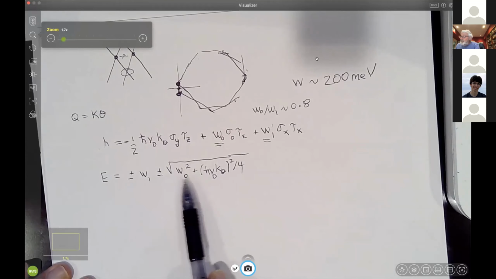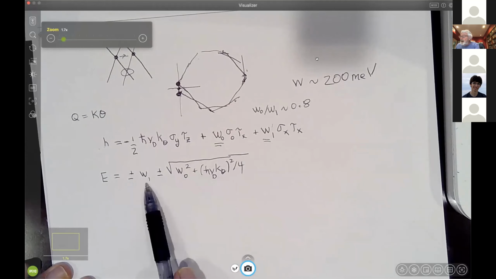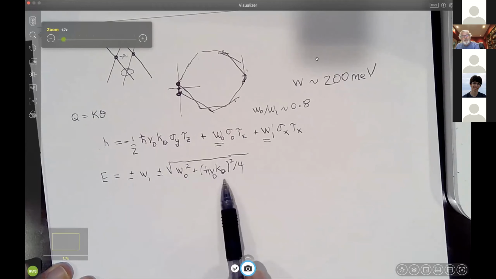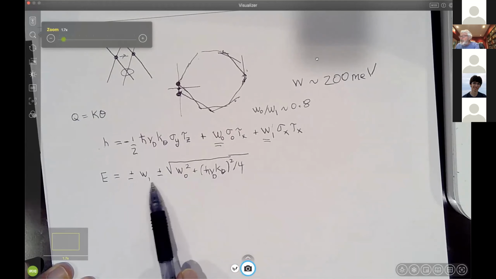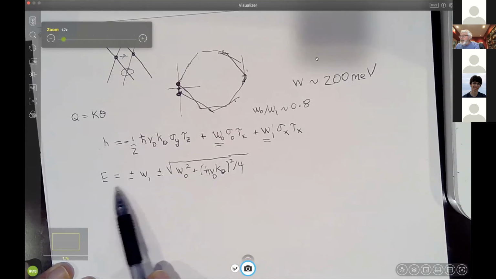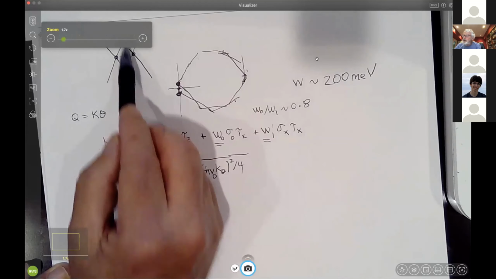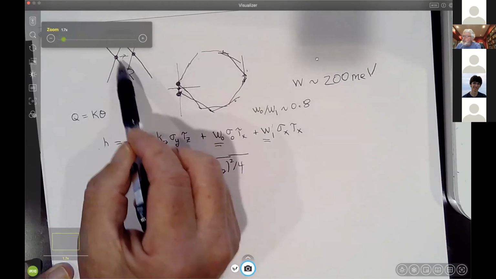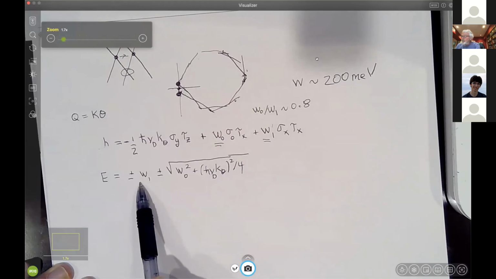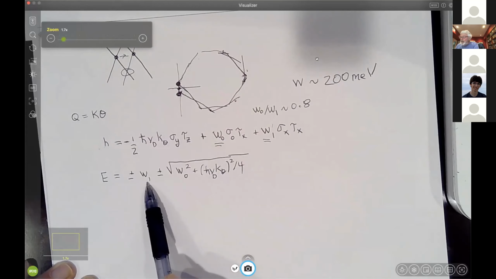You want both of these terms to be approximately equal in magnitude. You notice actually at this point, if W0 equals W1, as you get level repulsion between these levels, pushing 2 of them towards 0, for W0 equal W1, they actually never exactly touch.